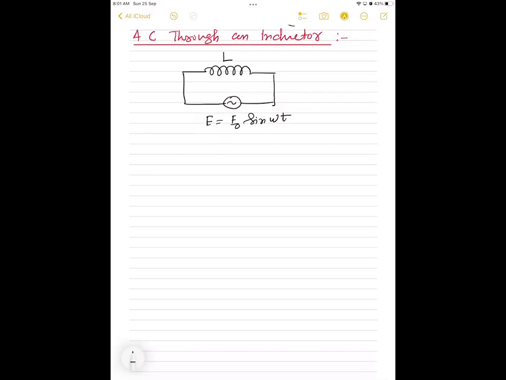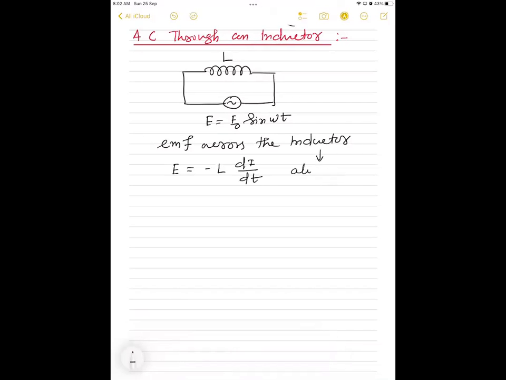And you know the EMF across an inductor, what did you study last time? What is the formula for EMF across an inductor? E is equal to E naught sin omega t, minus L di by dt, right? Which opposes the growth of current. Inductor always opposes the sudden rise in current or growth of current, right?